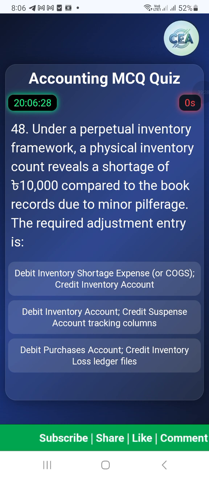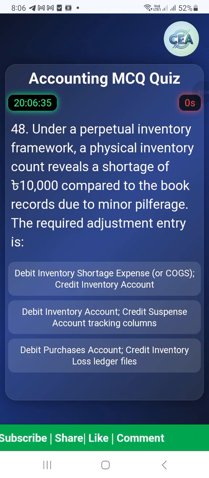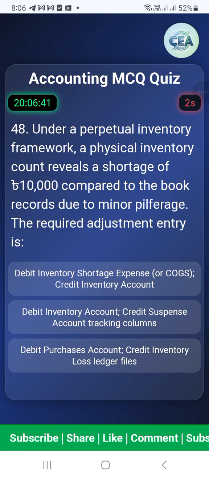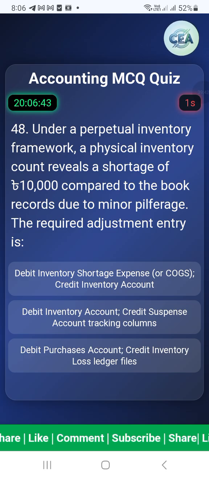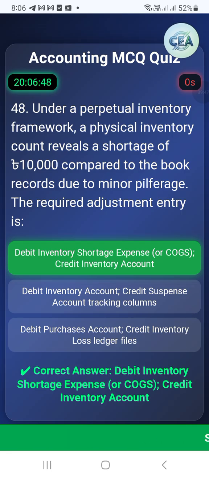Debit inventory account, credit suspense account tracking columns. Option 3. Debit purchases account, credit inventory loss ledger files. Correct answer is debit inventory shortage expense or COGS, credit inventory account.